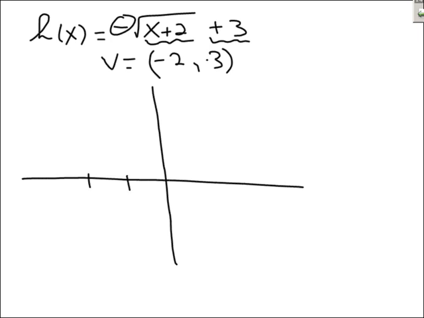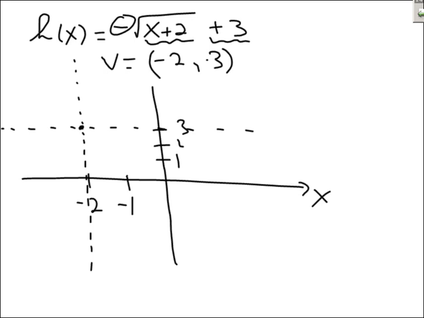I go to negative 2, 3. Go right here. And I think of this as my origin, my y-axis, my x-axis. I think of negative 2, 3 as the origin. And then, normally, the square root of x graph goes that way.